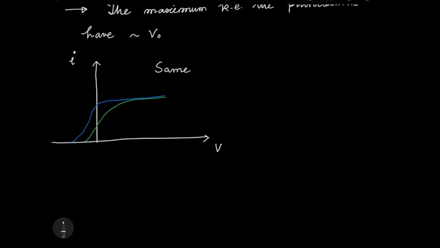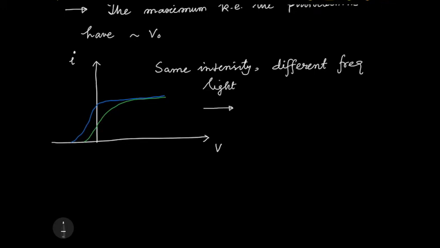Same intensity, different frequency. If you use this, same intensity will give you the same saturation current, but different stopping potential.